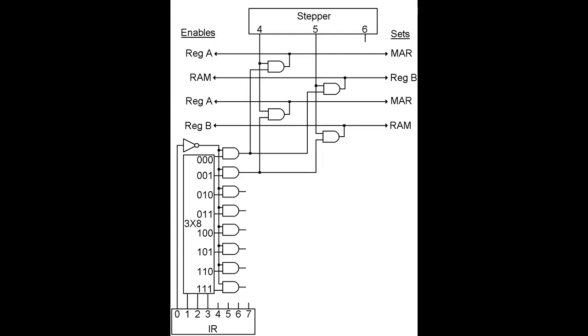The circuitry that you see below all that is used to enable all these gates that we've mentioned before, only if we are doing either a load or a store operation.